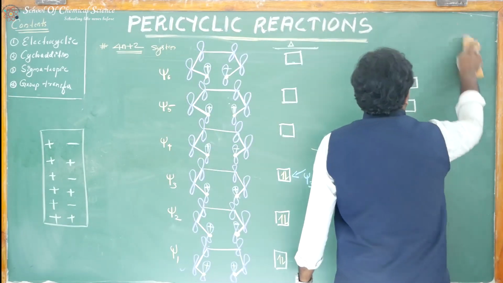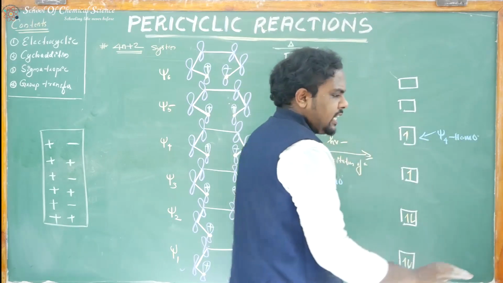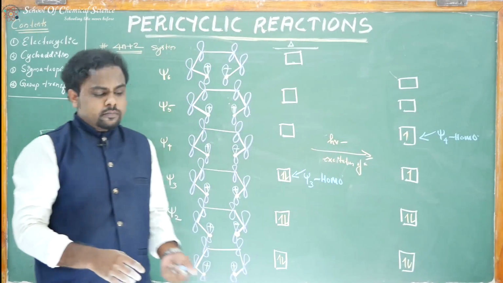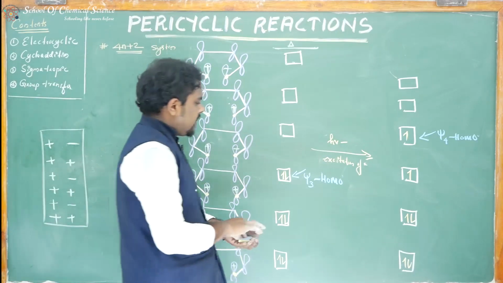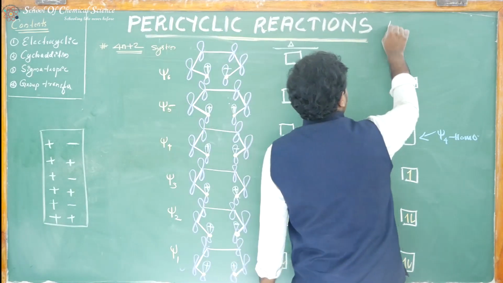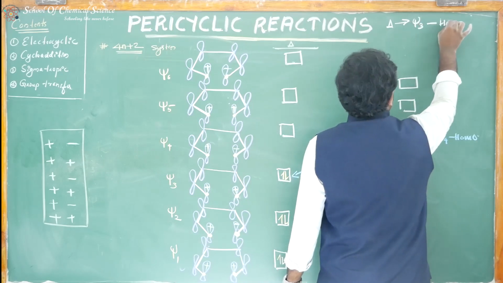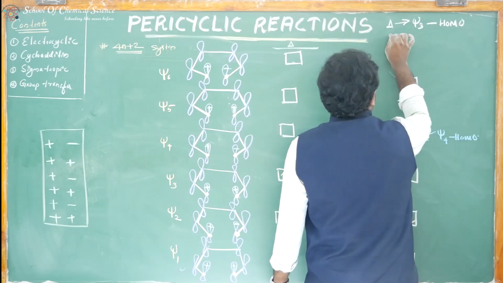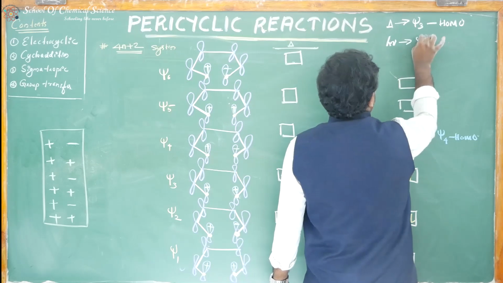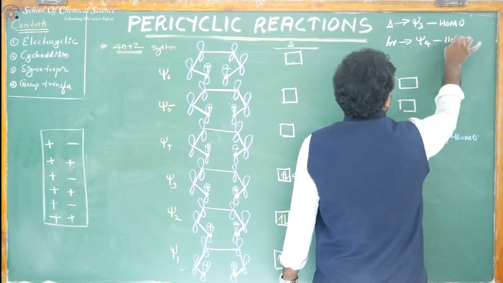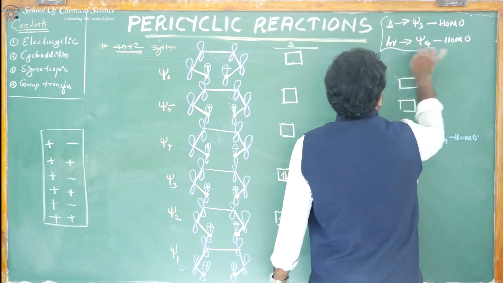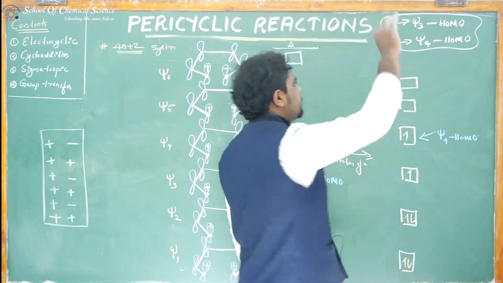In 1,3-butadiene, thermal condition psi 2 is the HOMO, photochemical condition psi 3 is the HOMO. Here, thermal condition psi 3 is the HOMO and photochemical condition psi 4 is the HOMO. Very important.